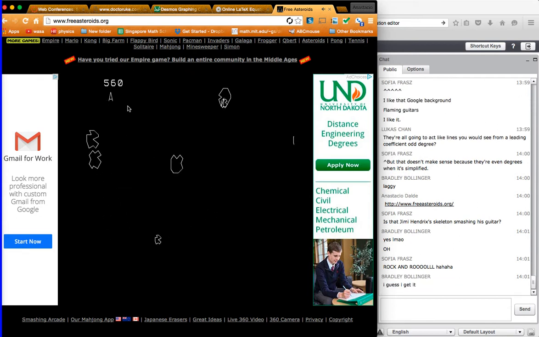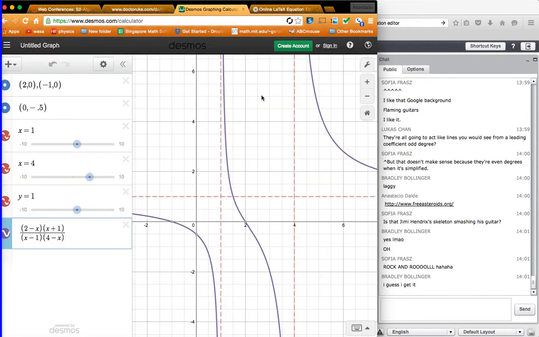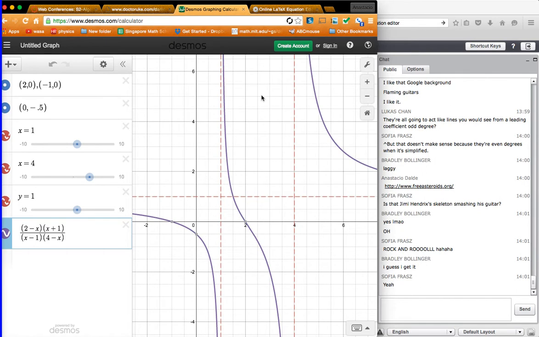What happens is, as you go off the edge of the screen, your ship appears on the bottom of the screen all of a sudden. When you go off the top, it comes on from the bottom. Does that make sense? Are you guys playing? You guys are just watching me be an idiot. Anyway, that's kind of the way I see these vertical asymptotes.